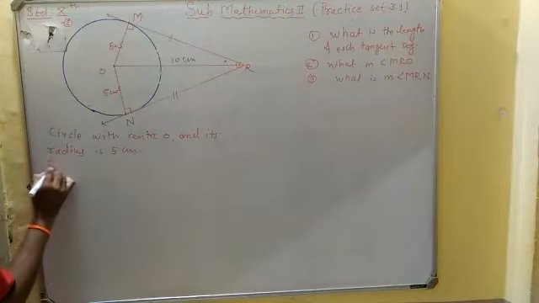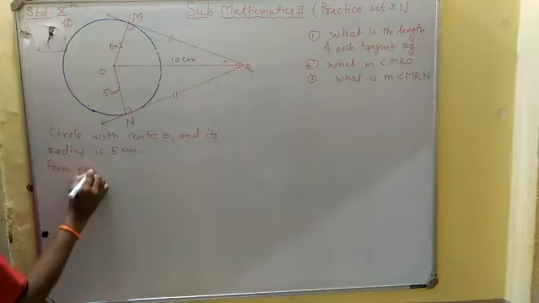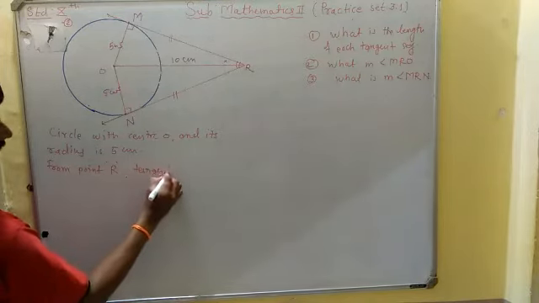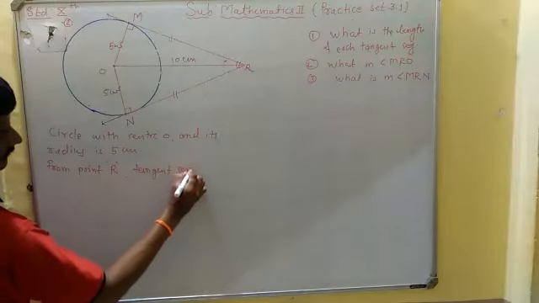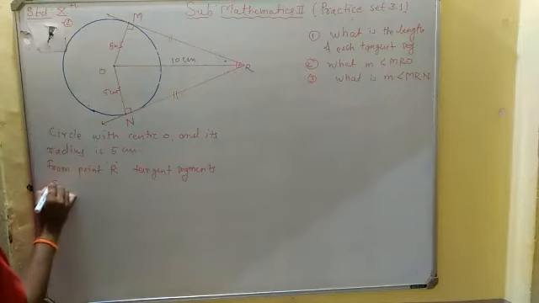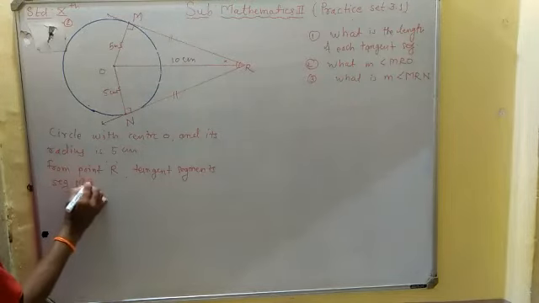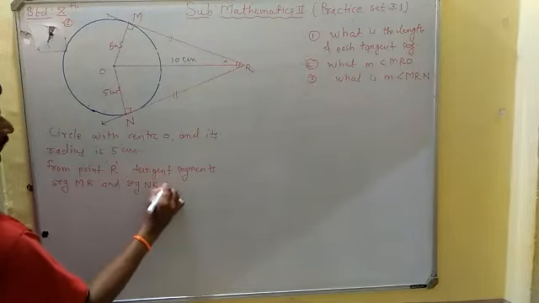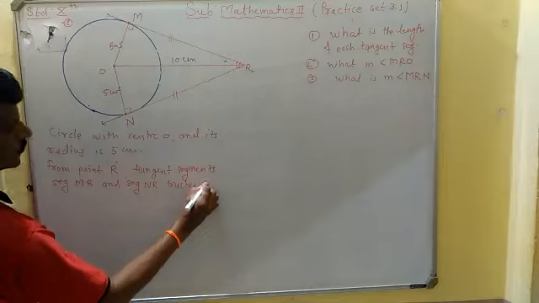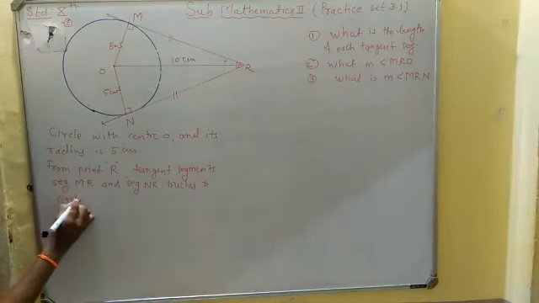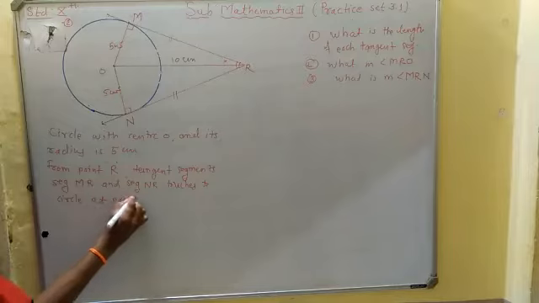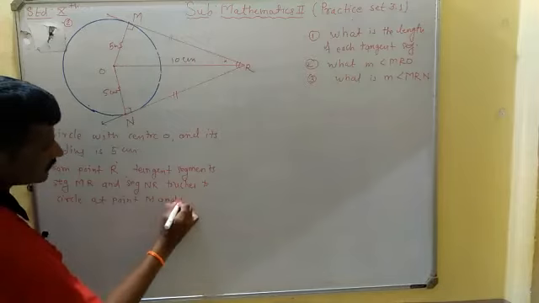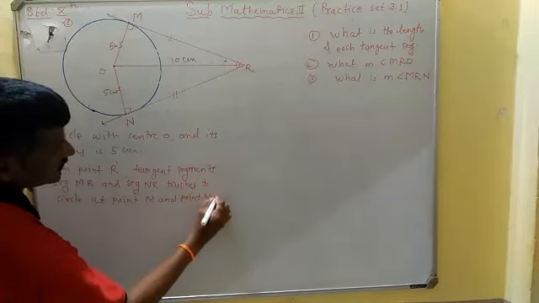From point R, tangent segments segment MR and segment NR touch the circle at point M and point N respectively.